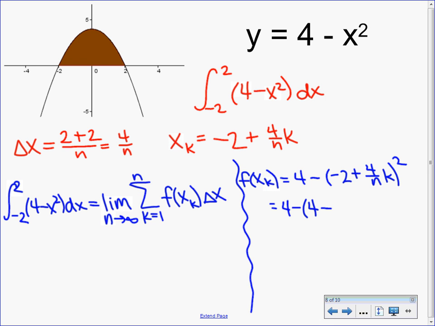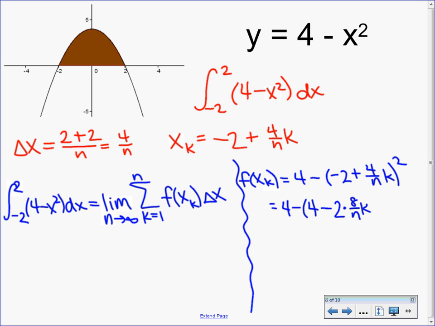Now we're foiling this, right? The outside and the inside, since we're squaring a binomial, get us the same thing. So we have 2 times a times b, which is 8 over n k. And I put the negative out in front. Is that okay?